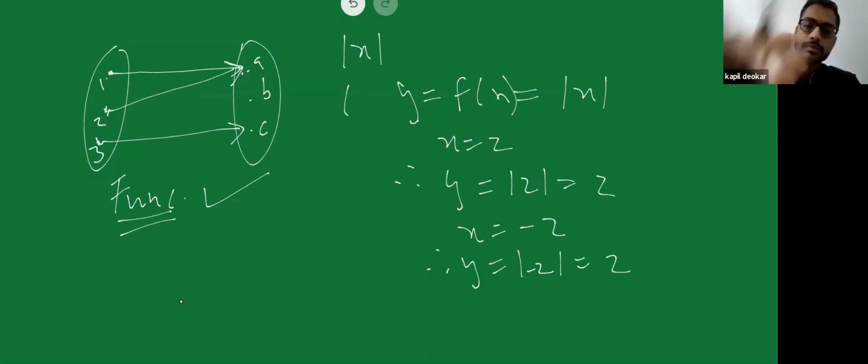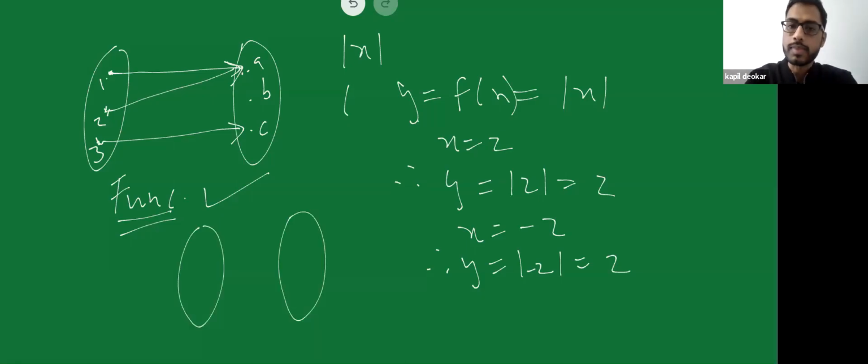Therefore, if I draw a diagram over here, in my x, I'm having two values. X can be minus 2 or 2. In my y, I'm having one value, which is 2. If I'm giving minus 2 as input, I'm getting 2 as my output.